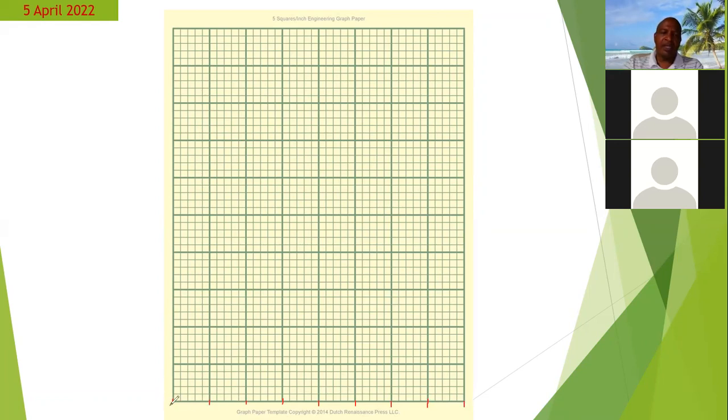So if we start here at 0 and we start counting 1, 2, 3, 4, 5, 6, 7, 8 on the x-axis. What would be the scale on the x-axis? 1 to 8, sir.